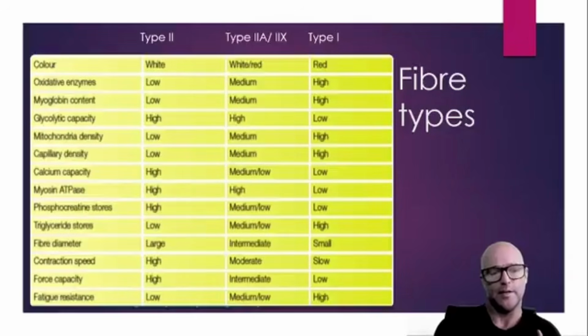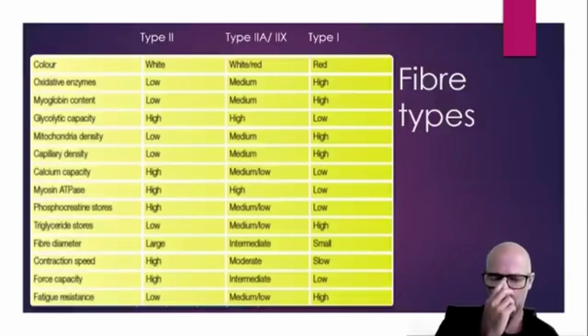Here is a table, a chart, which talks about 3 different broad categories of muscle fibers that we possess. They're called type 1, type 2A, which is also sometimes called 2X, and type 2, or sometimes called type 2B.